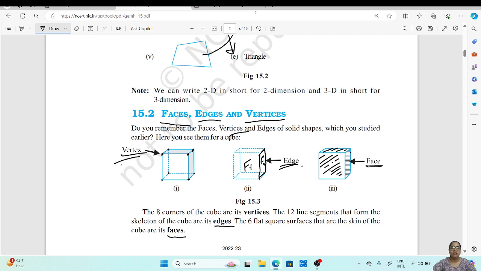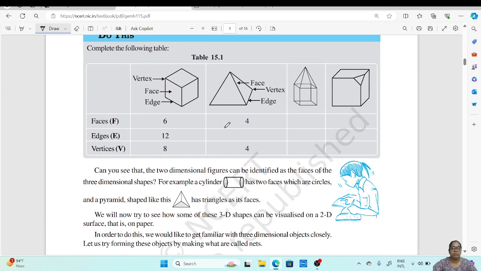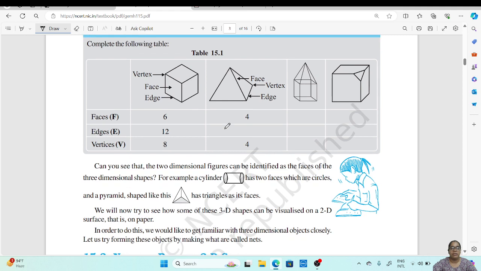Now let us complete this exercise where we have to identify the number of faces, number of edges and number of vertices in an object.